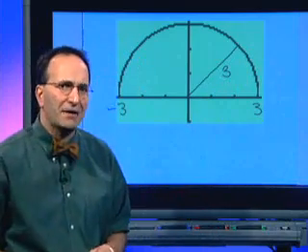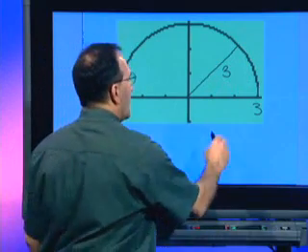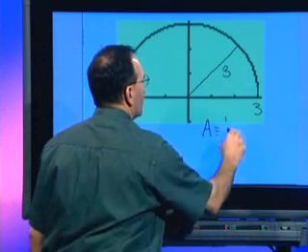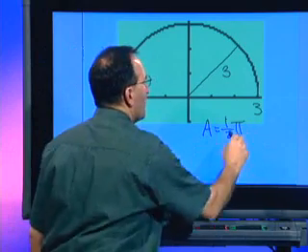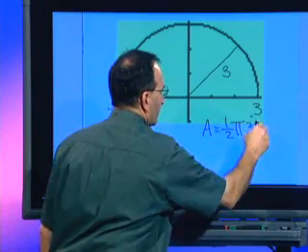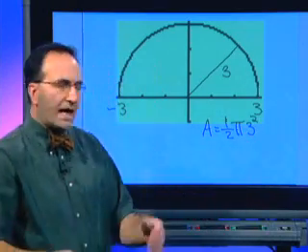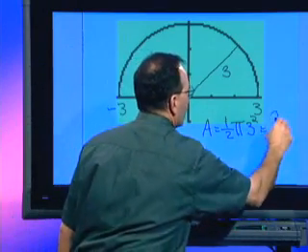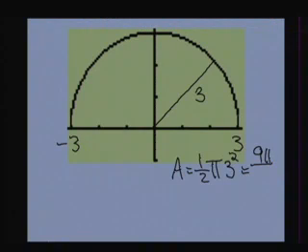So that means the area of a semicircle is half of that. So the area is 1/2 pi r squared, but r here is 3, so 3 squared. Work that out and we get 9 pi over 2. Well, what does that actually mean?